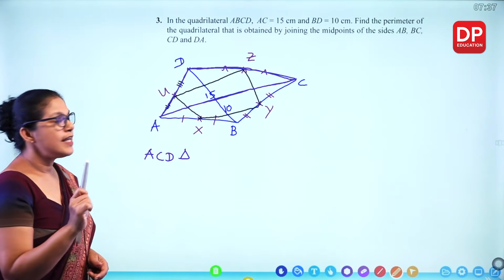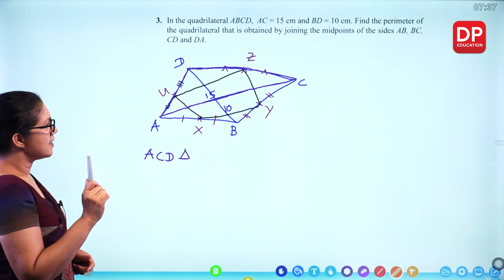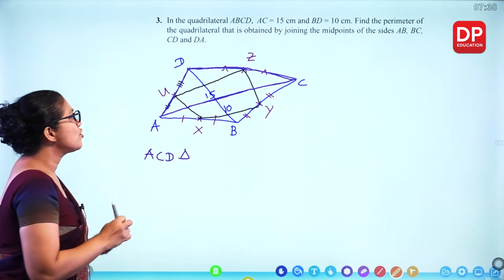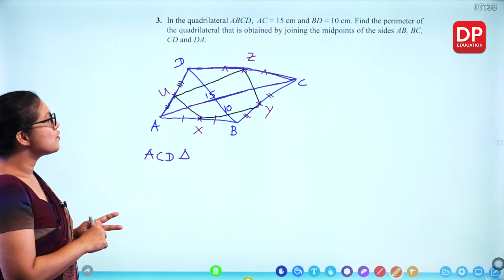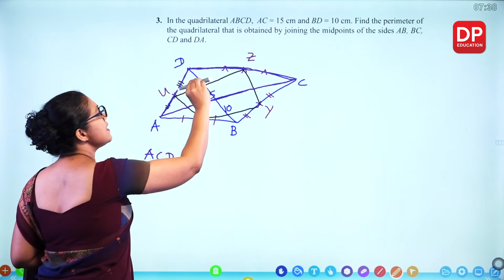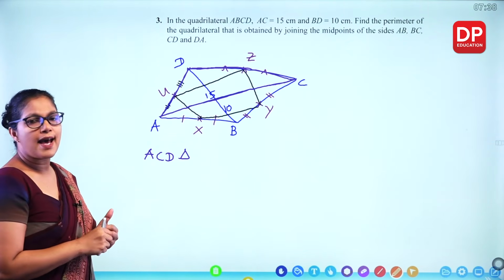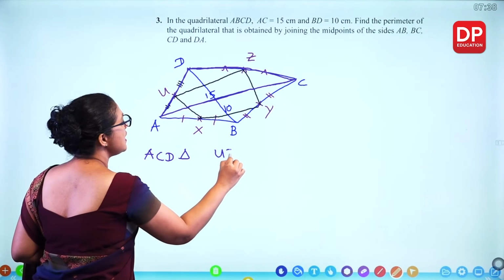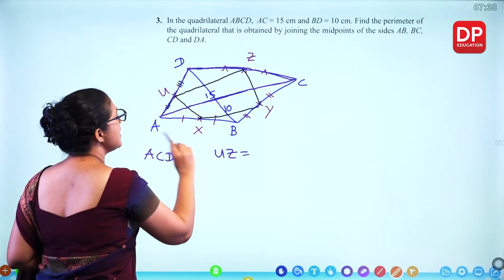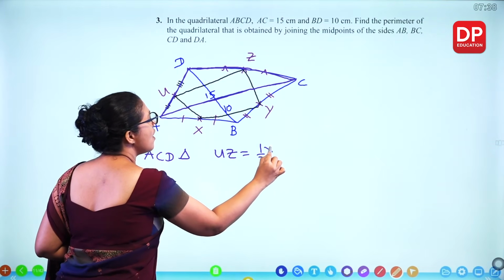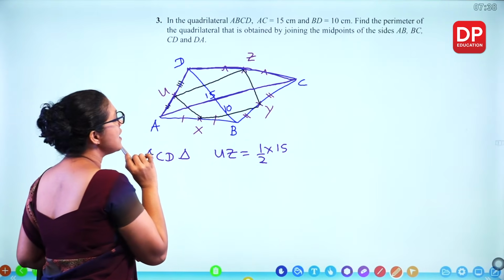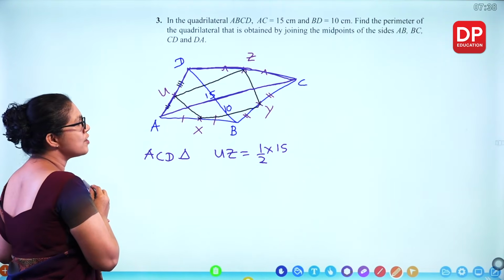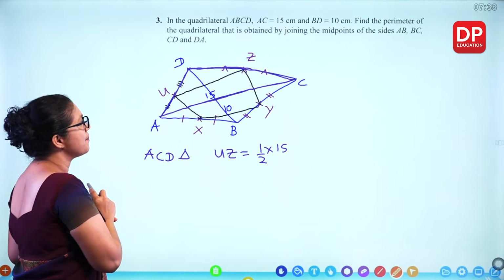The line joining the two midpoints is always parallel to the third side, and the length is half of the third side. So straight away you can find out UZ length is half of 15, according to the midpoint theorem.